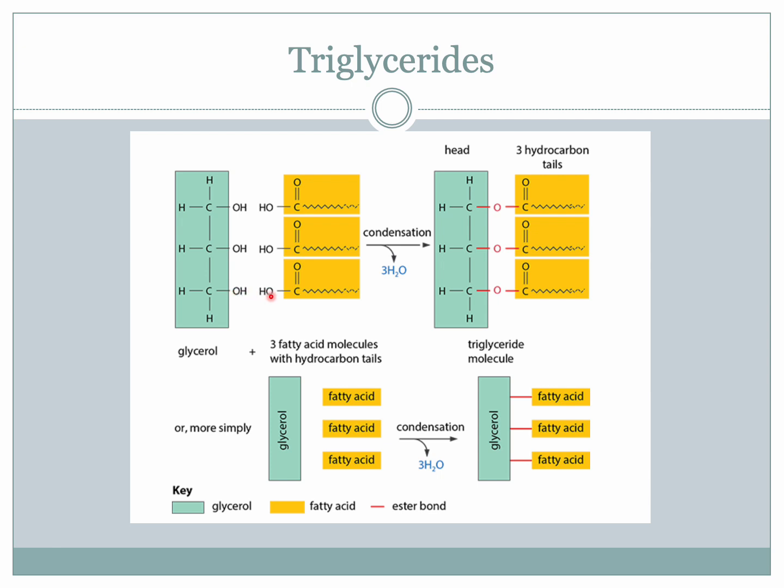Again, there's going to be 3 water molecules produced. When they bond together, you're going to have an ester bond forming. So glycerol and the 3 fatty acids go through a condensation reaction, 3 water molecules, and then you have the ester bonds attaching your fatty acid to the glycerol.